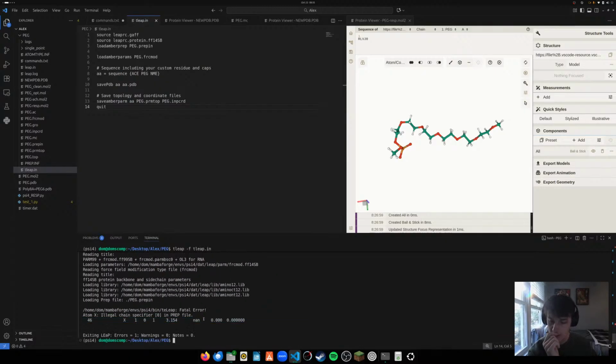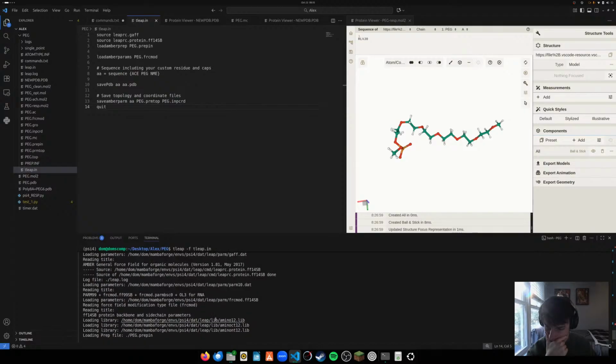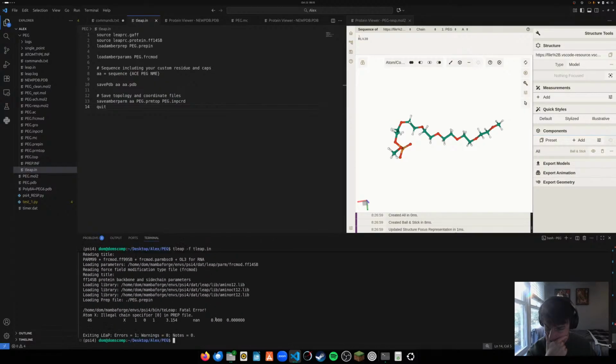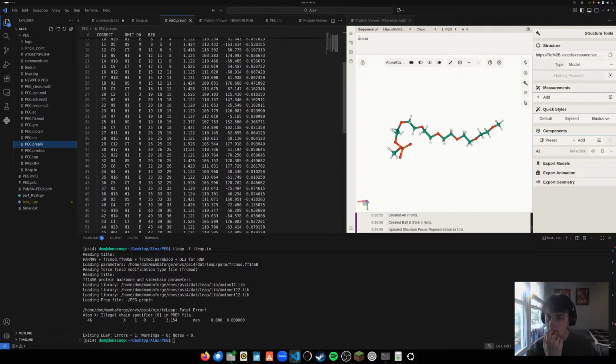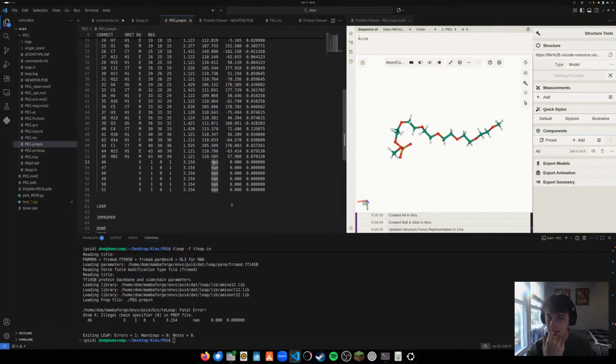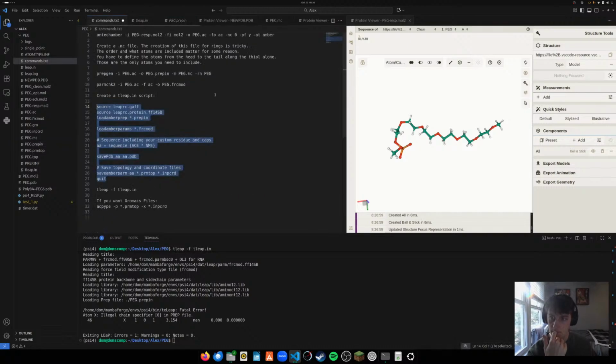Illegal chain specifier 0 and prep n. I have no clue what that means. And prep file. Nan? I can't have nans? Why would it do that? That was probably the warnings that were from that command here.